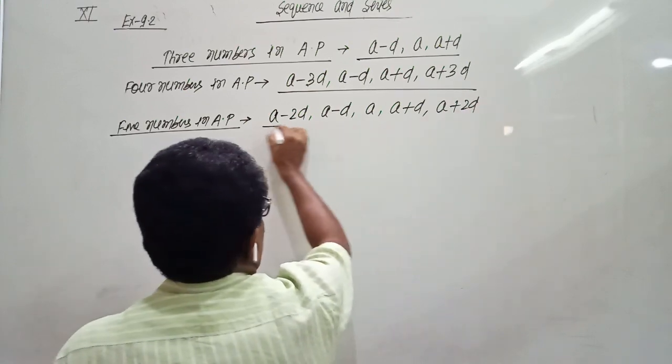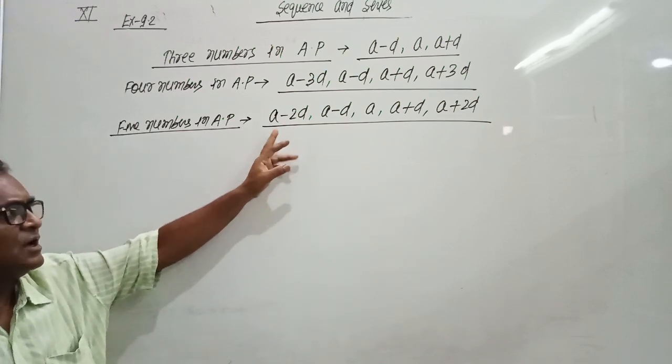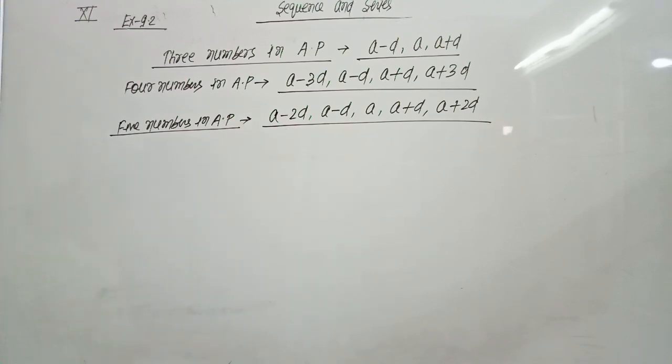If we have to select five numbers in AP, then for convenience or for easy calculation, we select five numbers as a minus 2d, a minus d, a, a plus d and a plus 2d.